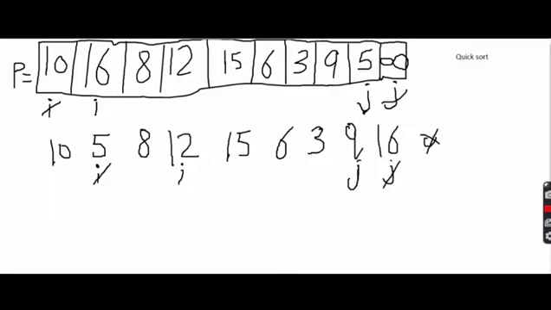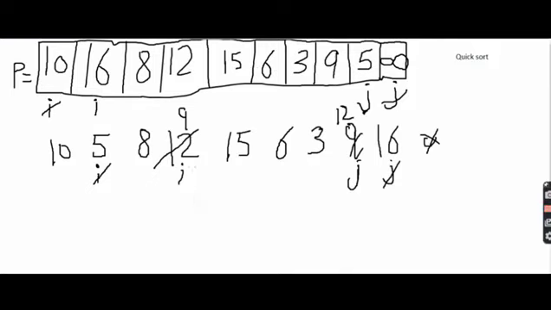Swap them. So then our list will become, if we swap them, 9 will come here, and here we will get 12, right? So we swapped both the I and J.